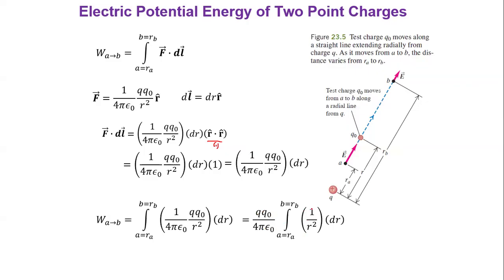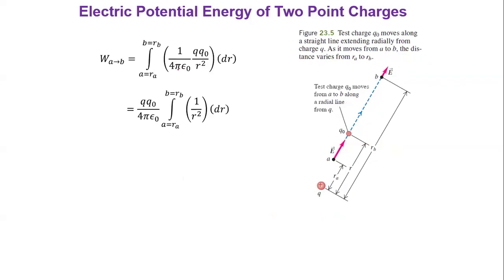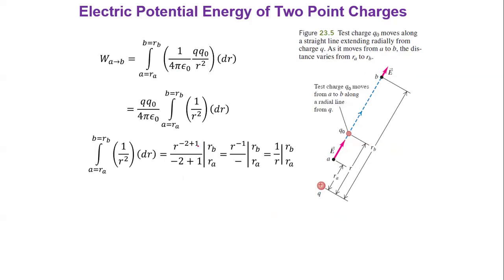So we're left with the integral of 1 over r squared dr. Take note that 1 over r squared is equal to r to the power of negative 2.